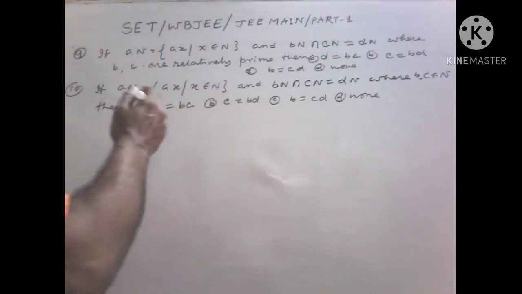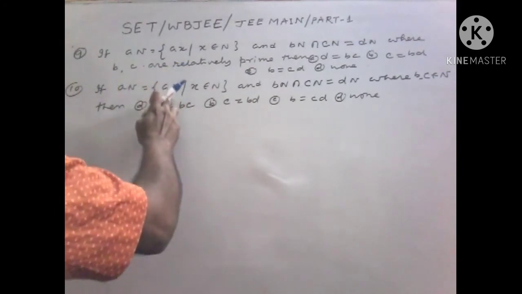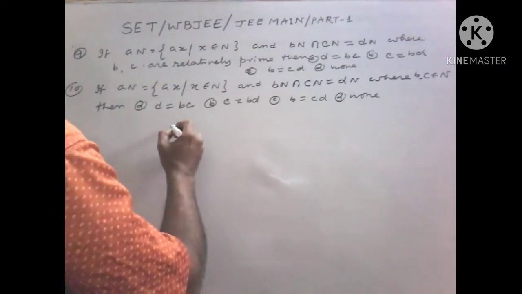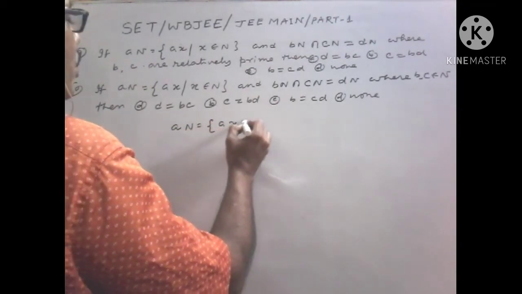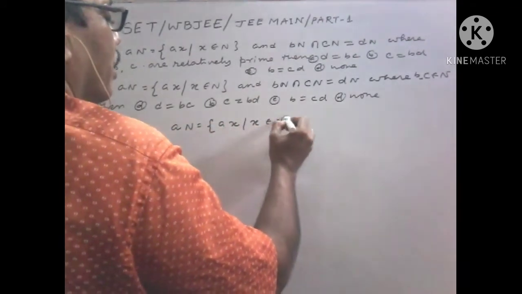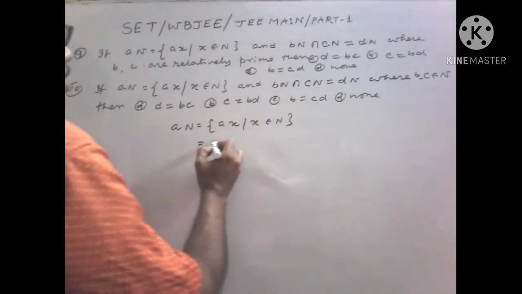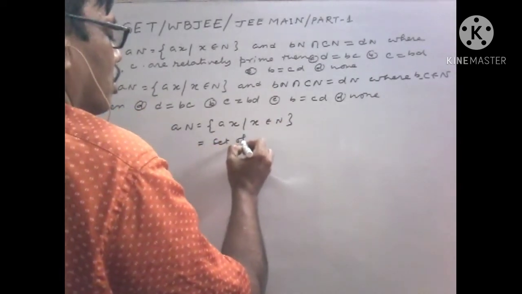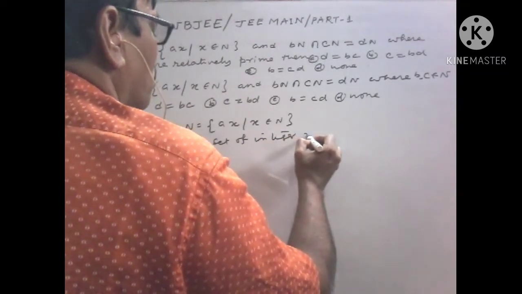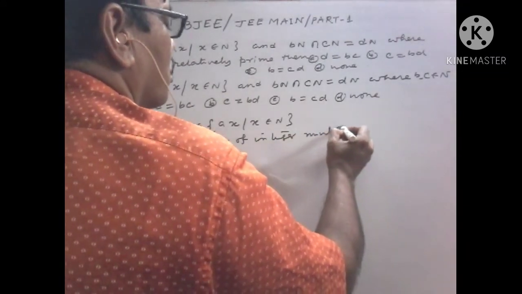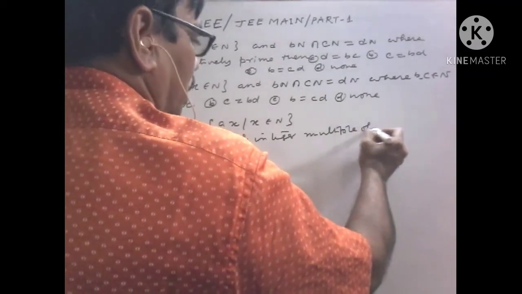So An equals {ax : x belongs to N}. This is the set of integers that are multiples of a.